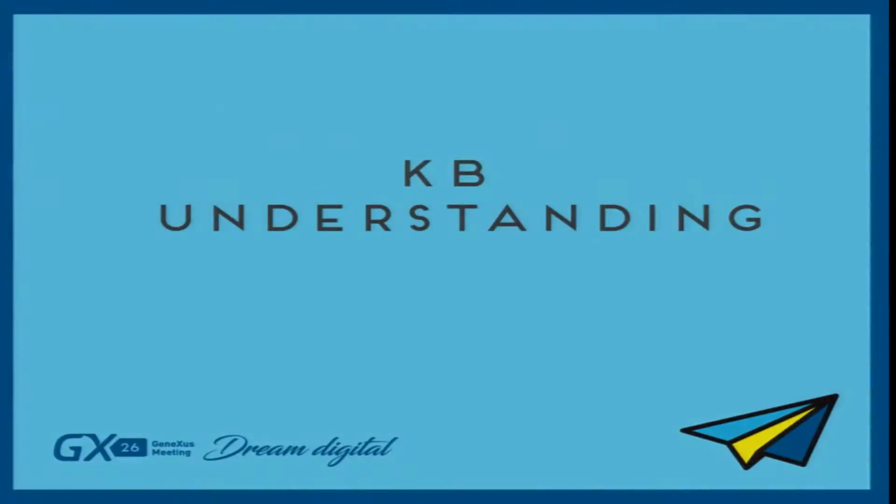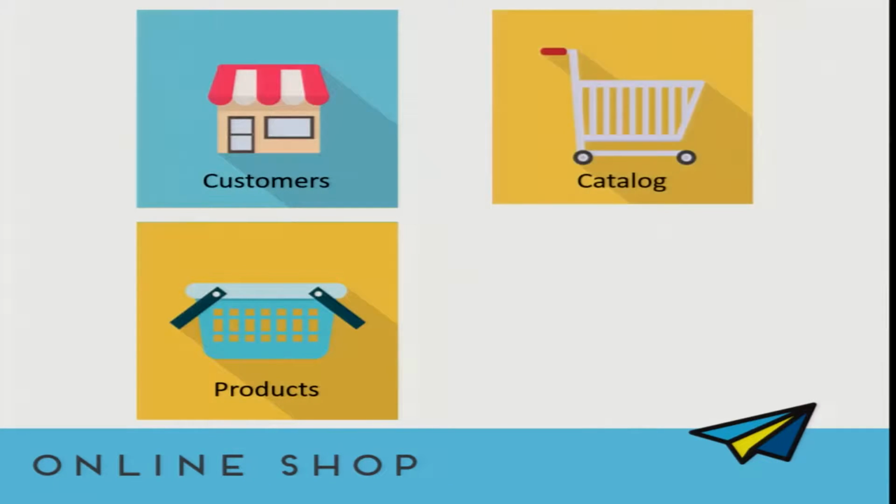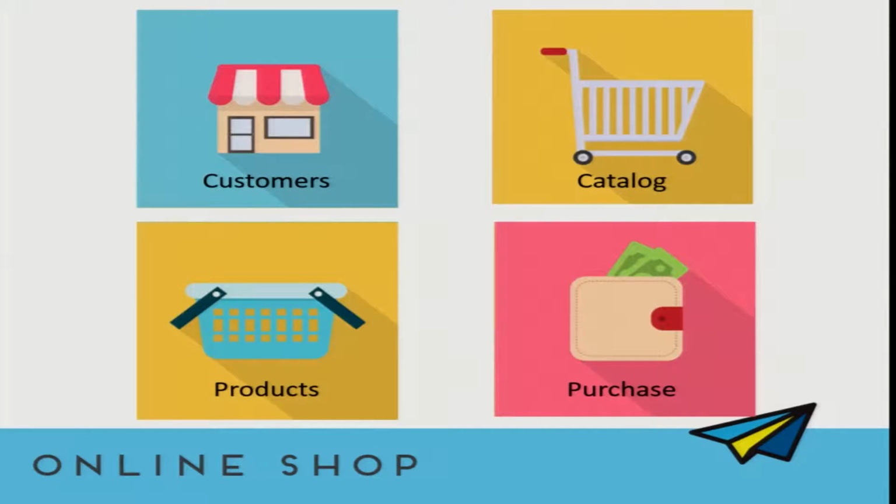The first thing I would like to say is that the modules help us to better understand the KB and have the objects in order, and this is going to bring benefits for our developments. When we start developing an application, we've all been there. We group the functionalities of our application in different modules.